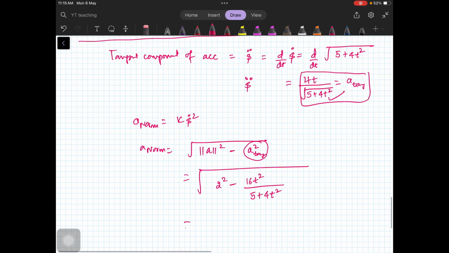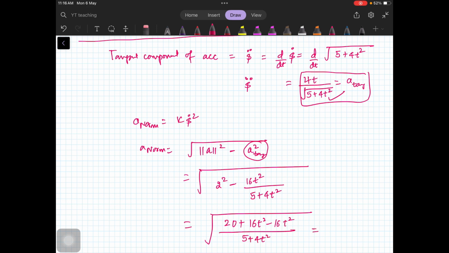So this would be 20 plus 16t squared minus 16t squared upon 5 plus 4t squared. So that would be 2 root 5 upon root of 5 plus 4t squared, right? So that is your normal component of acceleration, right?